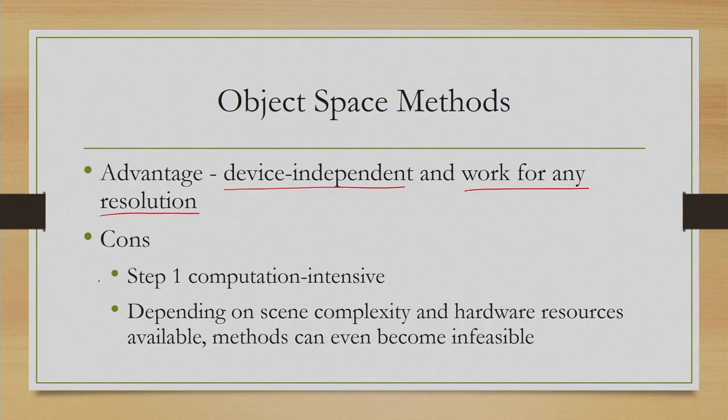namely determination of this surfaces that are hidden or not hidden is computation intensive. Secondly, depending on the complexity of the scene and also the resources that are available, these methods can even become infeasible because they are computation intensive, and if the resources are not sufficient, then we may not be able to implement them at all.